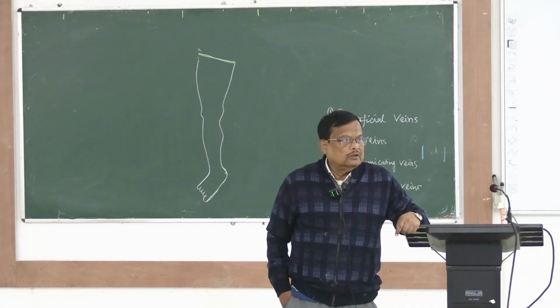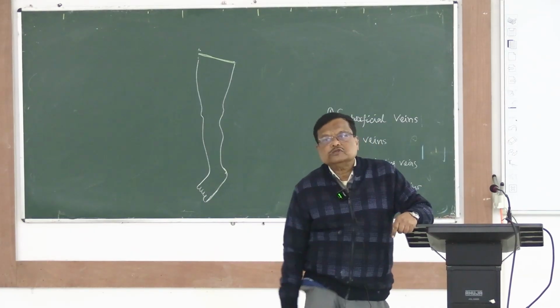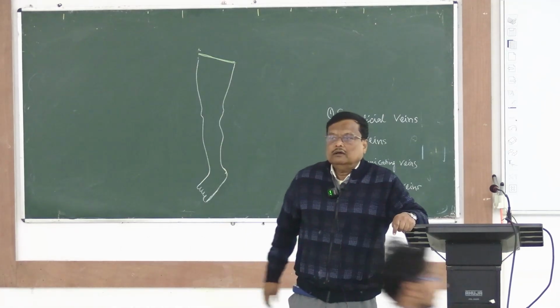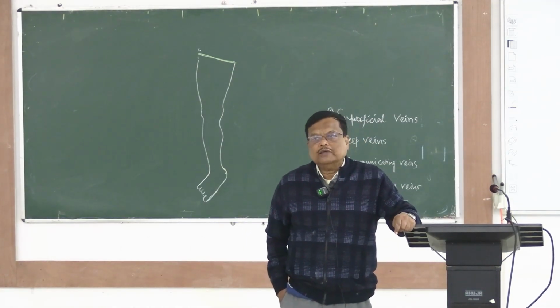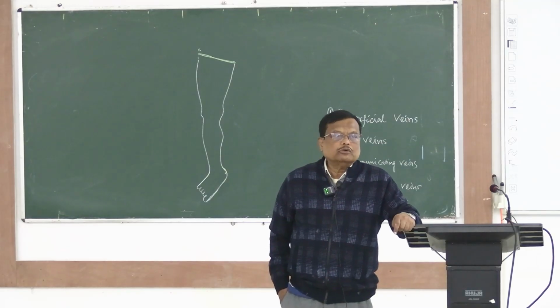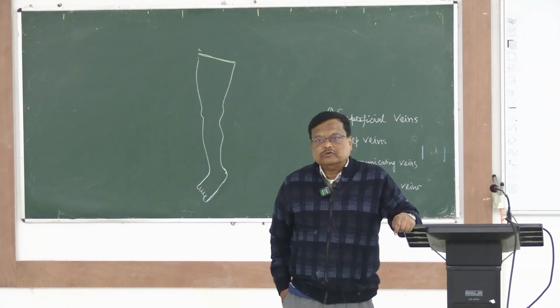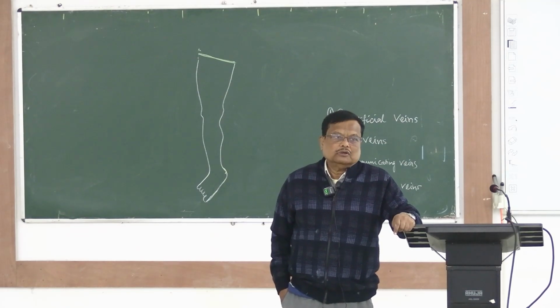Soleus. There are three calf muscles in the back of the leg. They are called triceps surae. Tri means three: two gastrocnemii, medial and lateral, and soleus.